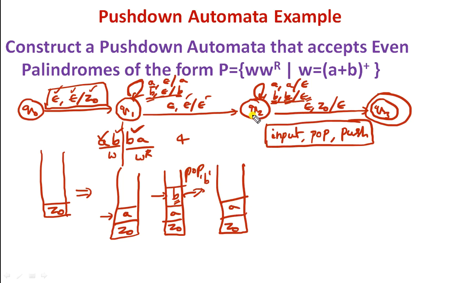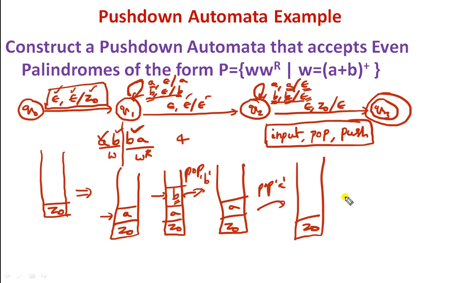Now we are in Q2. In Q2, on the input symbol A, what is the transition? A or epsilon. That is, the element to be popped is A, nothing is pushed. So this is possible. So that is why, as the top of the element is A, we can pop A, and the current status will be only Z0. Pop A. Okay.